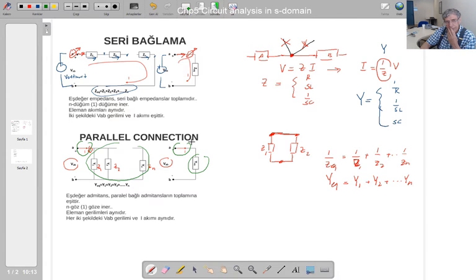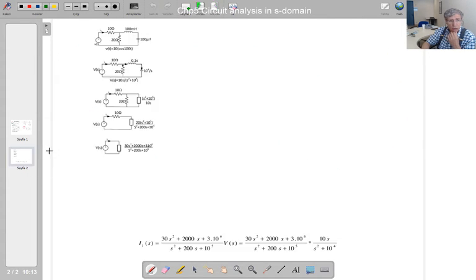Okay, these are the serial and parallel connections. How are we going to use it in practice? That's a practical example that we are going to examine. In this circuit, those two elements are connected in serial.